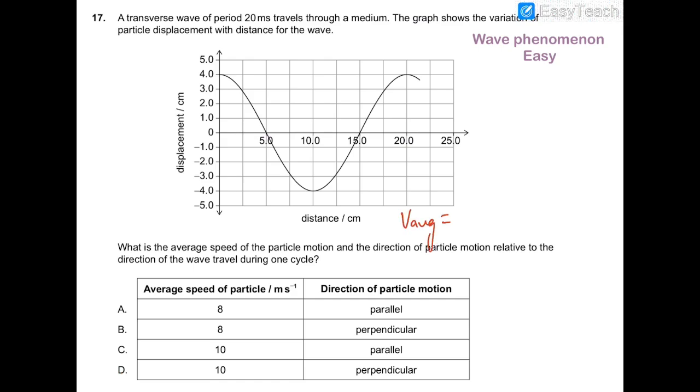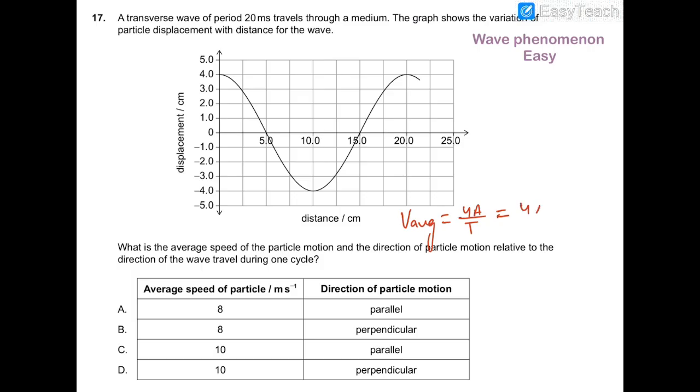So average speed is the distance traveled in a cycle divided by the time. Distance traveled in a cycle is A and then A and then A and then A. So it is 4A, where A is the amplitude and time period is T. The amplitude is 4, you can see, and it is in centimeters.